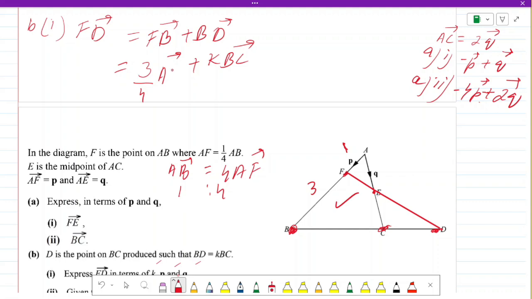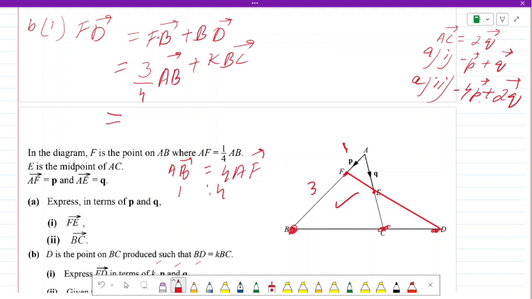Yes, AF, 3 over 4 times AF. Oh yes, that was correct. 3 over 4 times AB. Yes, 3 over 4 times AB. Okay, now this is correct.